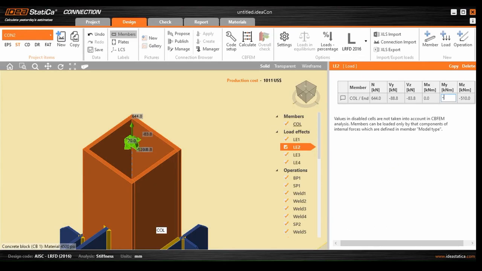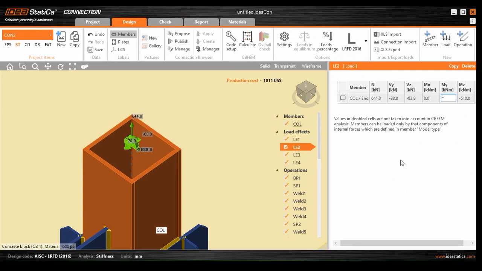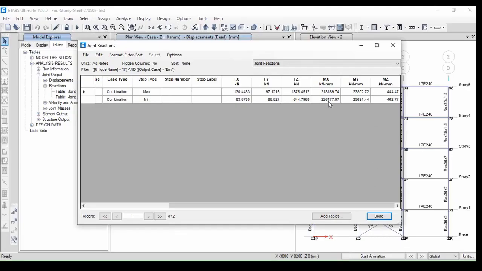Minus 25.7 kilonewton meter, and this one is minus rotation about x-axis, minus 226.1 kilonewton meter.